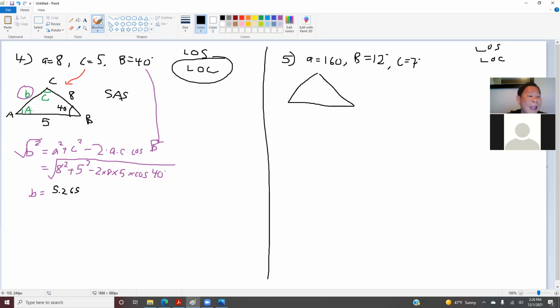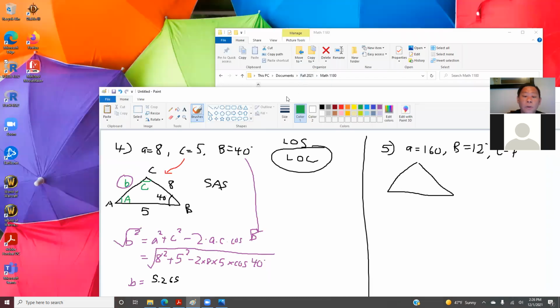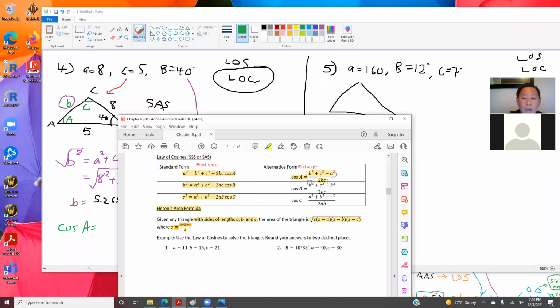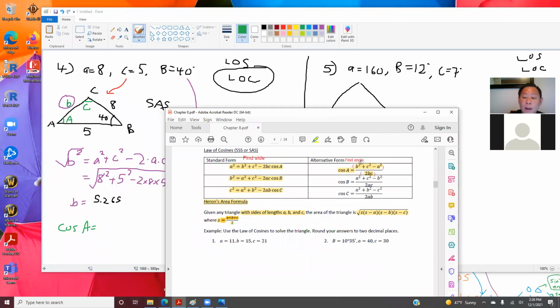Now we need to find angle A. In order for you to find angle A, we again use the law of cosine. So if you look at your formula to find angle A, cosine A equals b squared plus c squared minus a squared, all over 2bc, 2 times b times c.